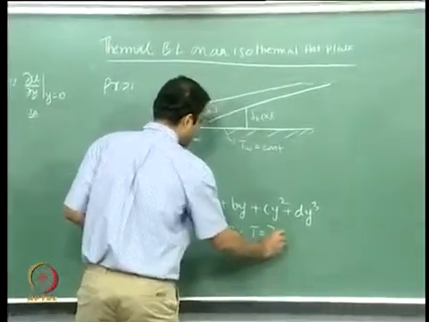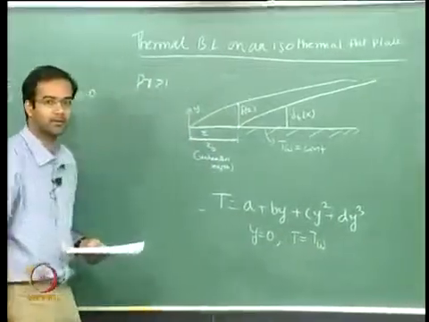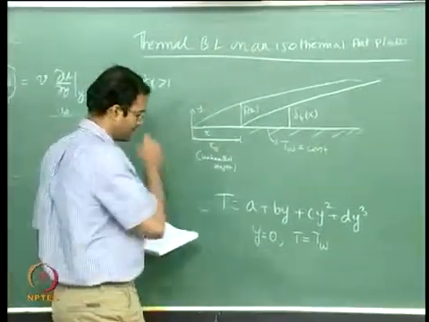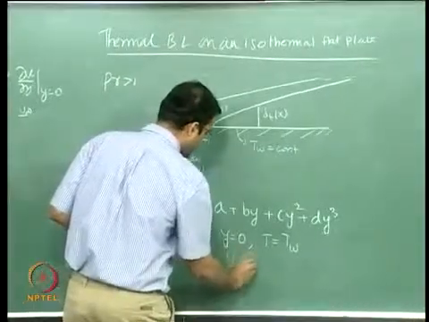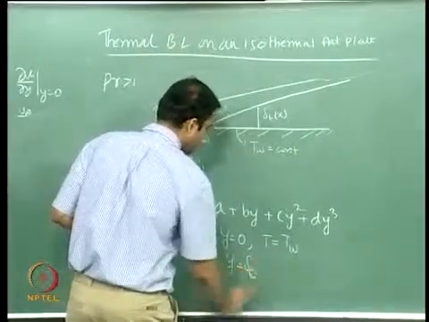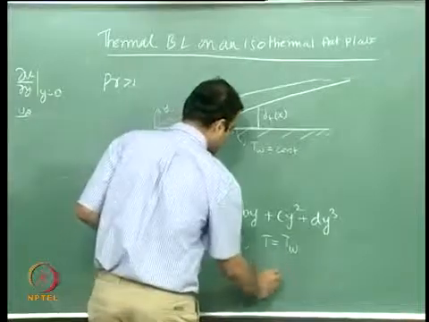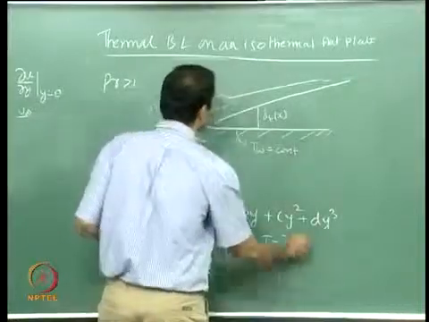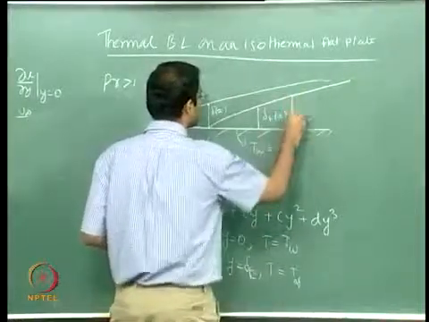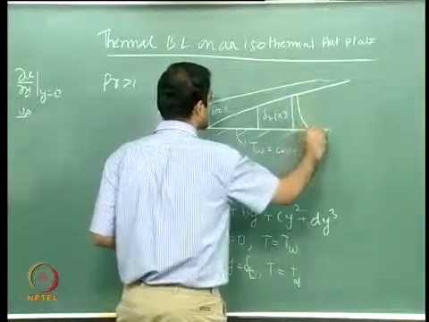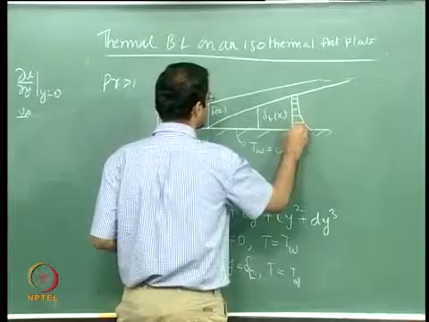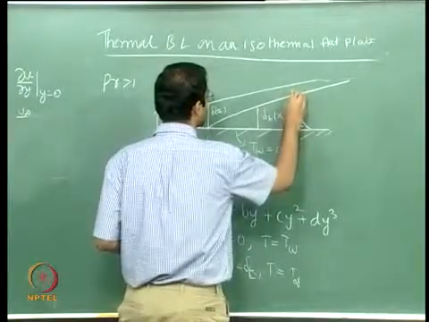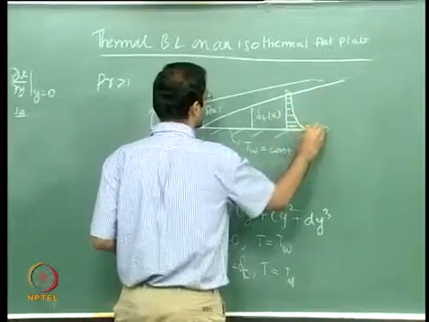Okay, this is still dimensional, I am not going to non-dimensionalize. And then at y equal to delta t, T equal to T infinity. Suppose you are assuming that your T wall is greater than your T infinity, so this is your T infinity, this is your T wall.